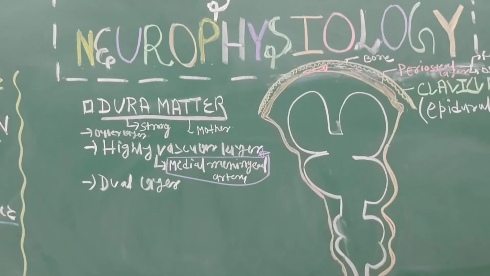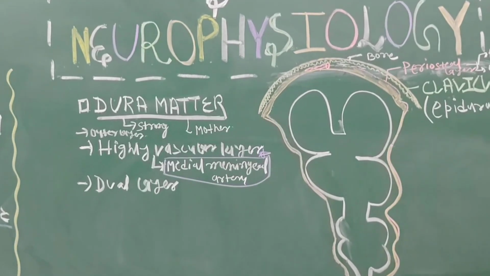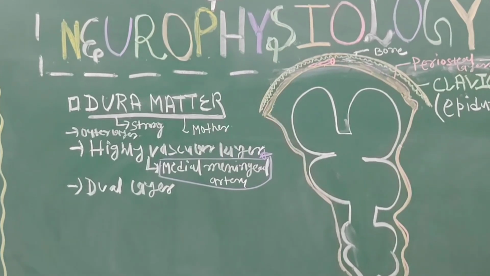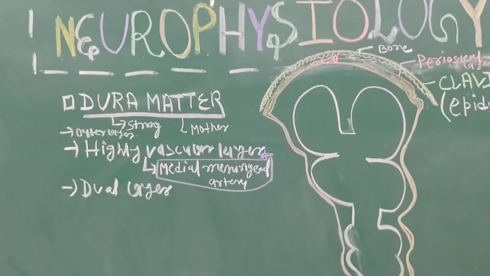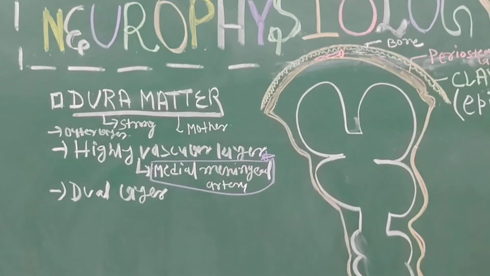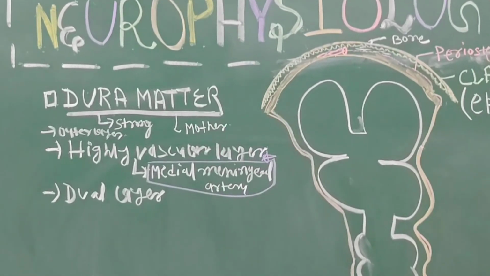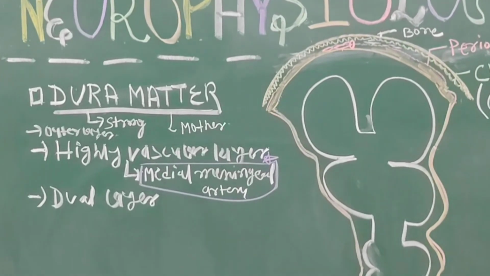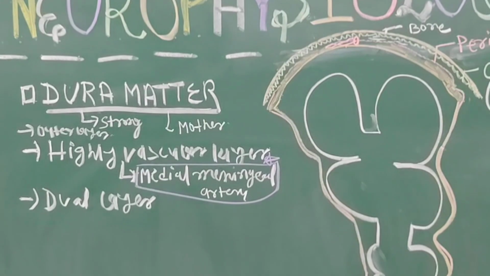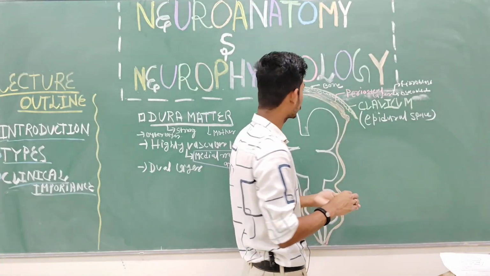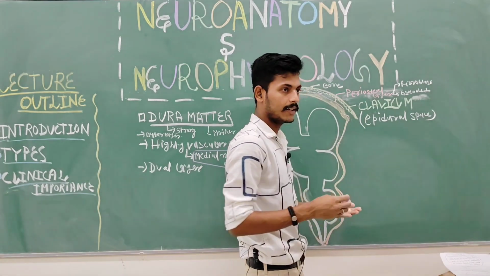It becomes a victim due to TBI, the traumatic brain injury, and sometimes other things like infection, coagulopathy, hemorrhage, and vascular malformation also break this artery, and there will be an extra-axial collection of blood in this area.